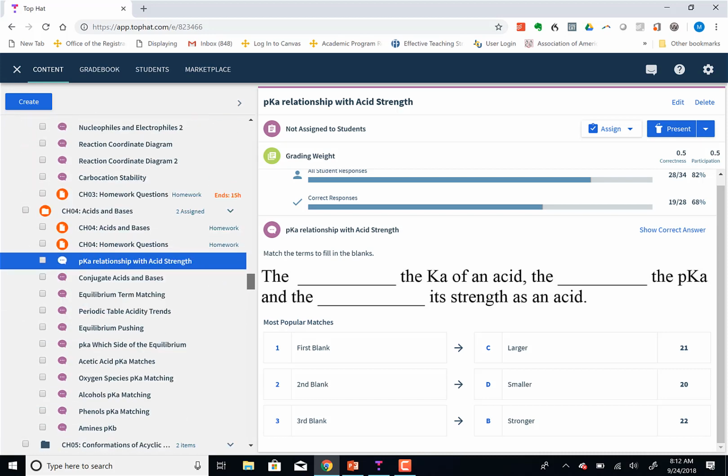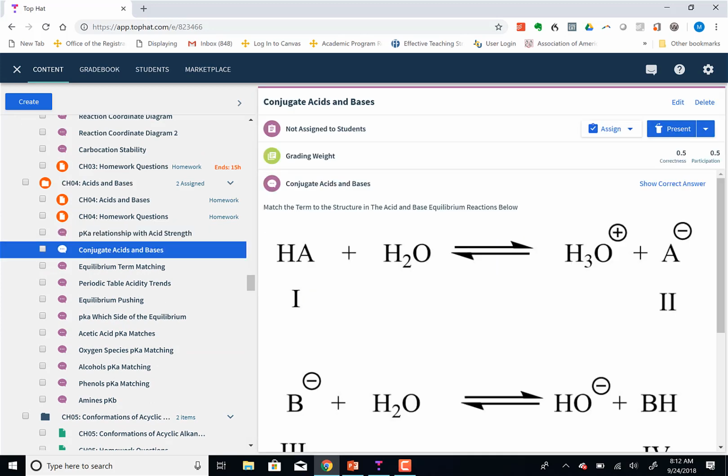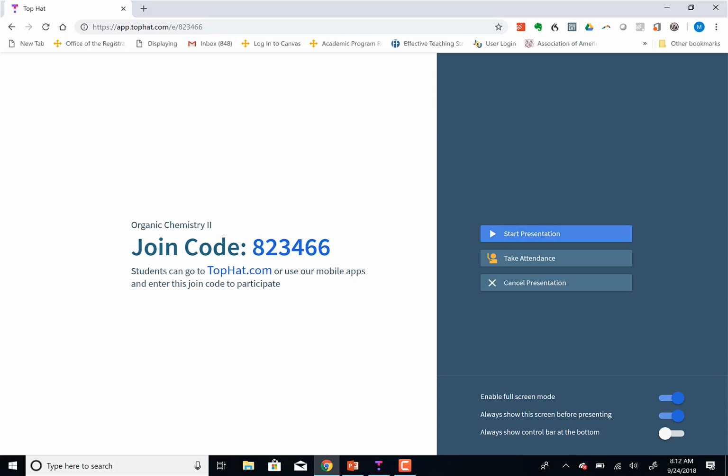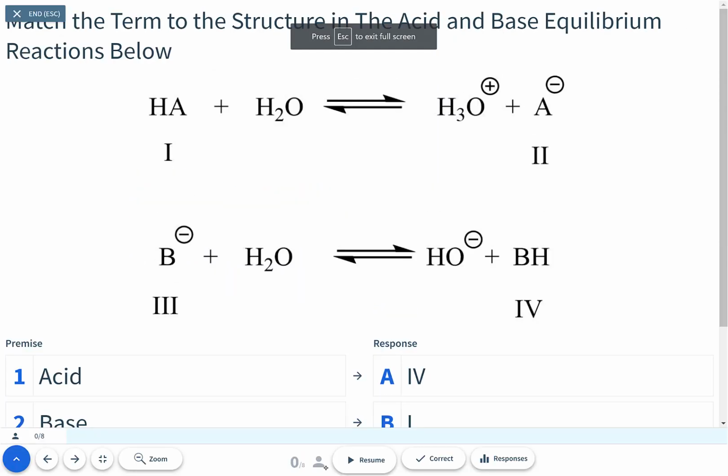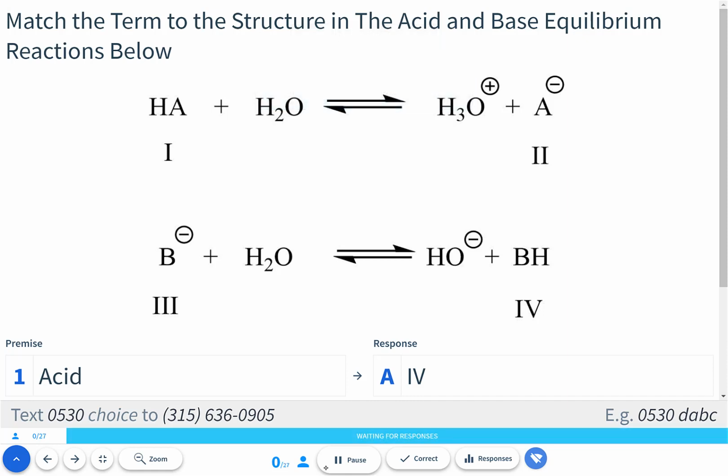All right. Question number 2 about conjugate acids and bases. So I've got 2 equilibria here. I have an acid equilibrium on top and a base equilibrium on the bottom. And the question is matching up the terms.